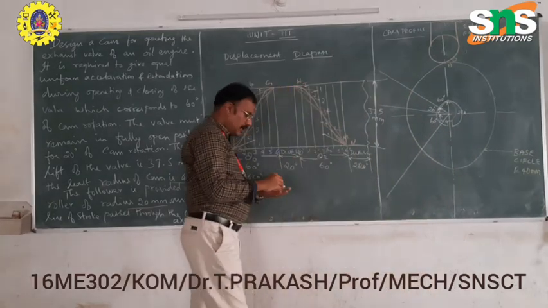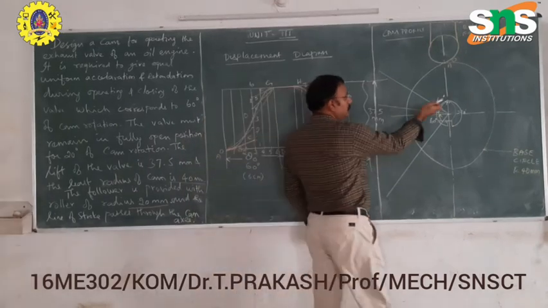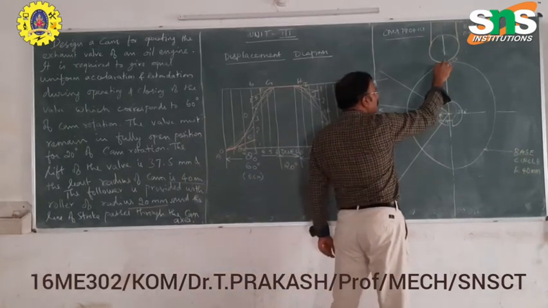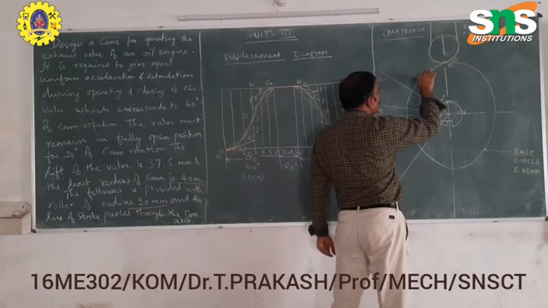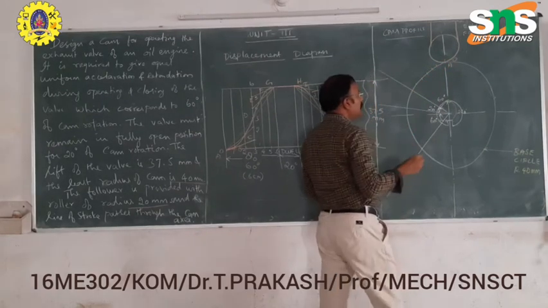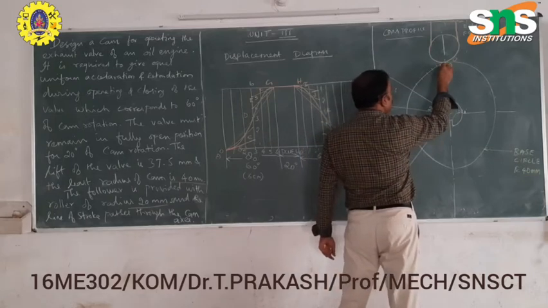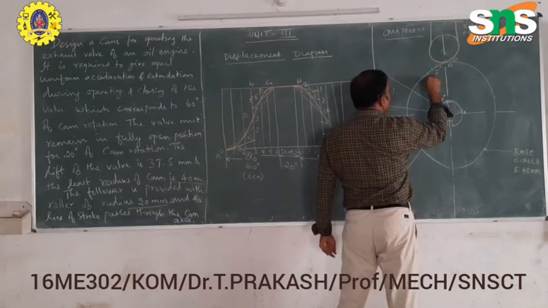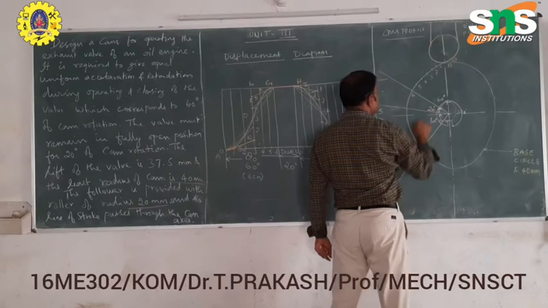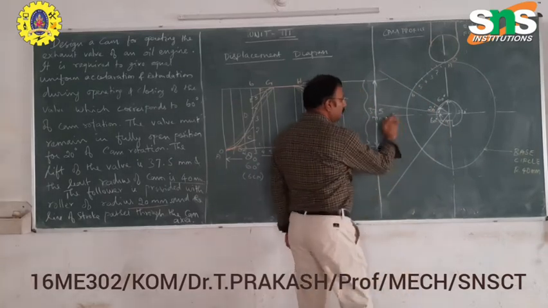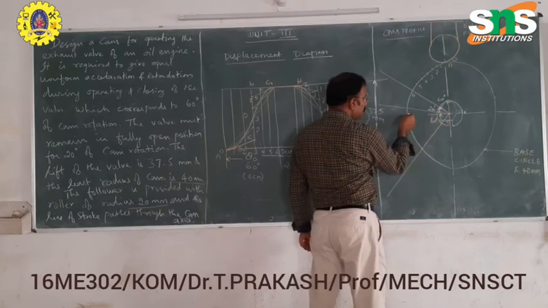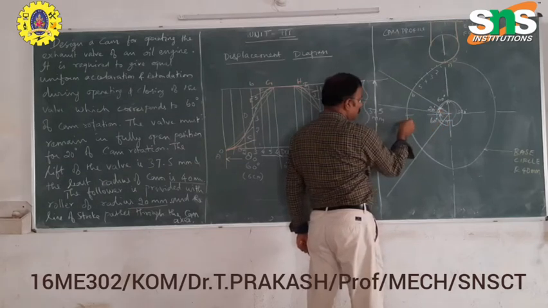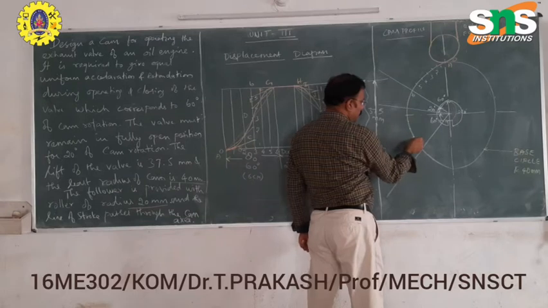Now we split this 60 degree into 6 equal parts, 10 degree each. And you mark the points, start with 0, 1, 2, 3, 4, 5, 6. And you split this 60 degree into 6 equal parts, 1, 2, 3, 4, 5, 6.